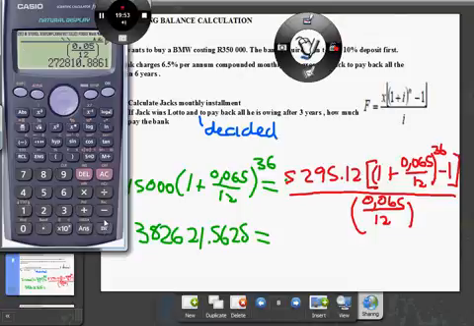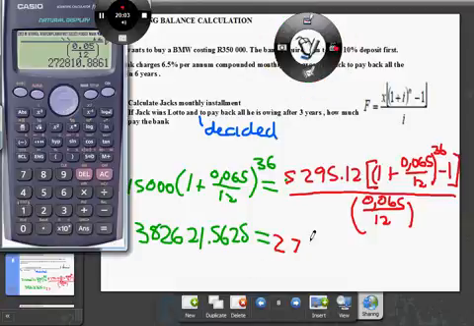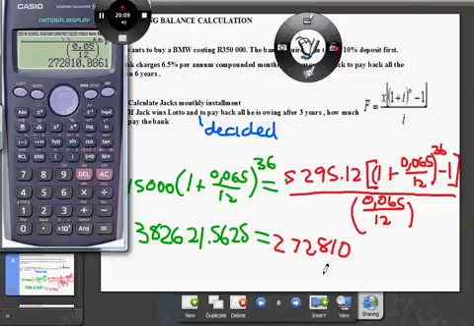This is the amount that Jack has paid. It's 272,810.8864.